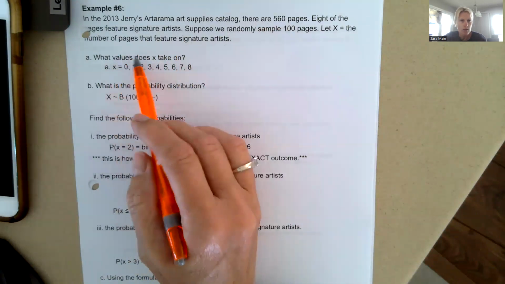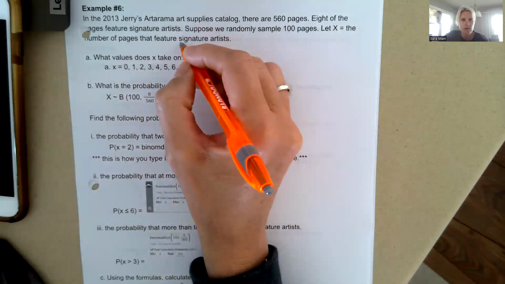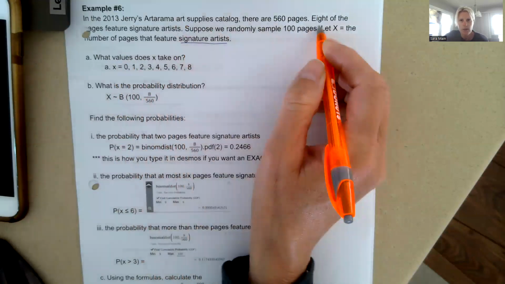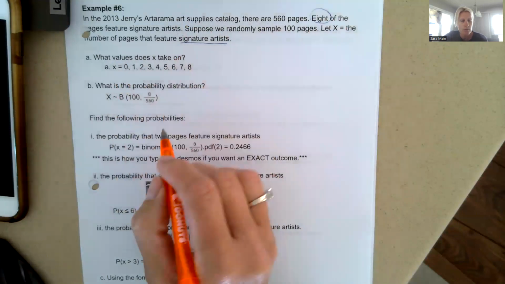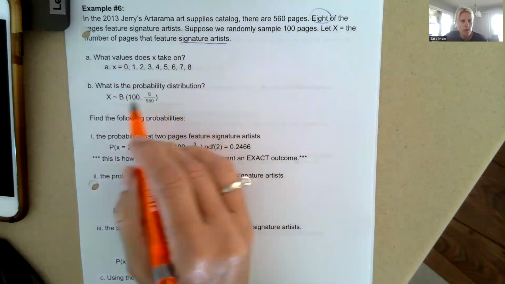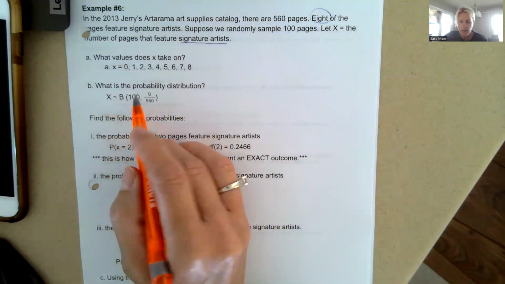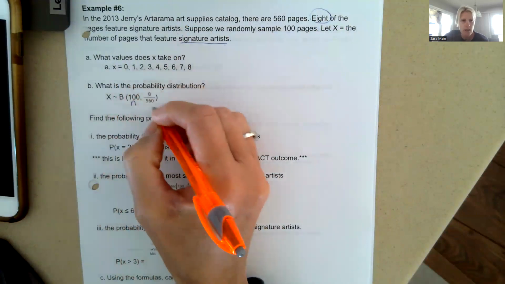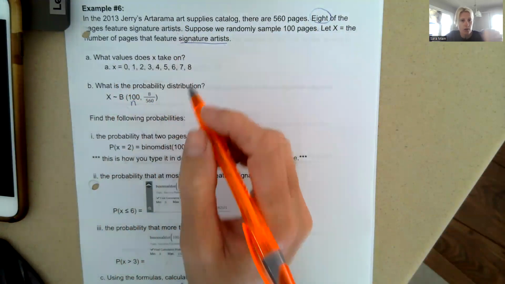Okay, what values can X take on? Well, we want to know only the ones that feature the signature artists, and there's only 8 of those, it said. So it can only be 0 through 8. What is the probability distribution? X can be described as B for binomial. We're sampling 100 pages, and we know only 8 out of the 560 are possible to be signature artists.